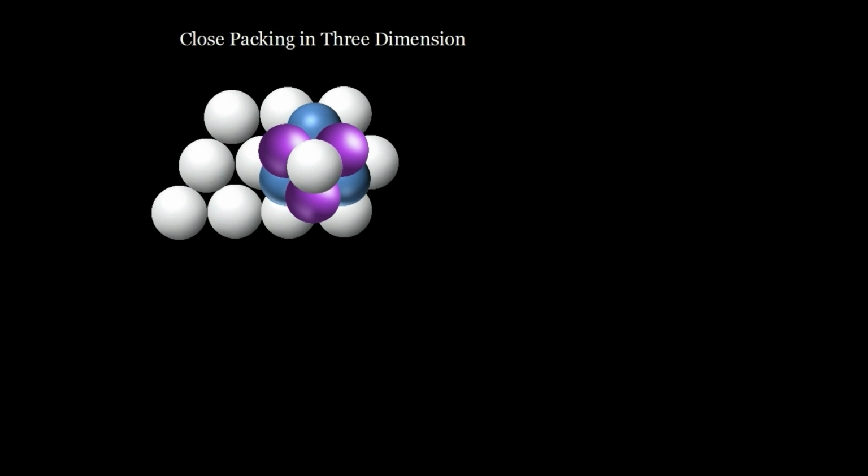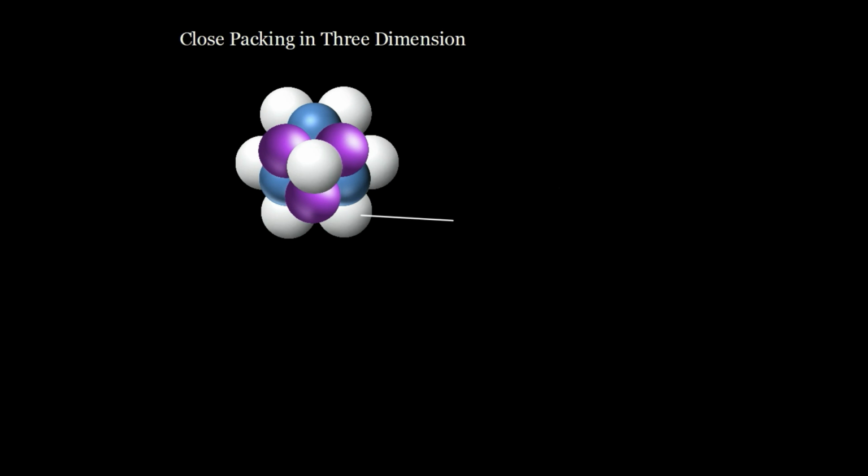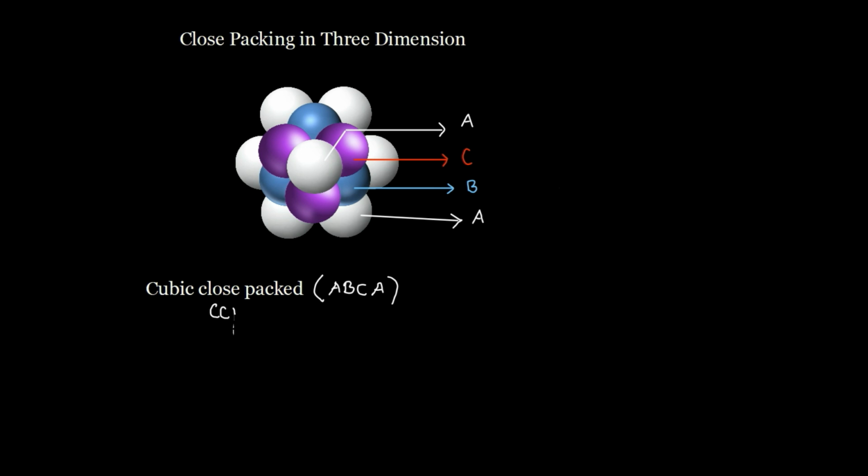For simplicity, we shall decrease the atoms of every layer. So the first layer is A, the second layer is B, and the third layer is totally different, so it is C. But the fourth layer is now similar to the first layer. So we end up with ABC arrangement, which leads to the cubic close packed system, which is otherwise called the face centered cubic system, FCC.